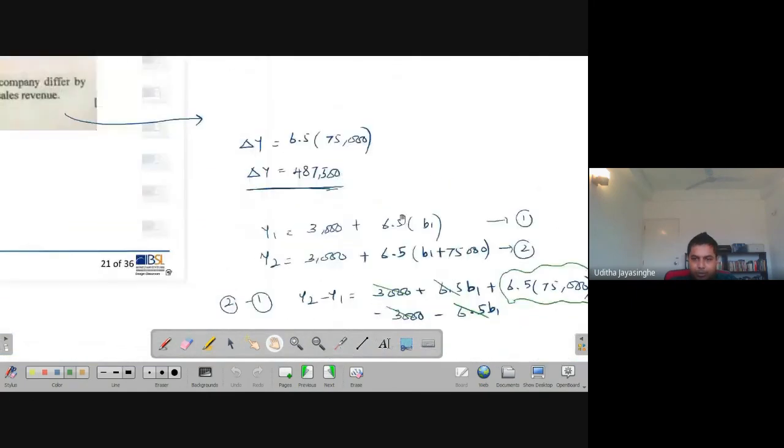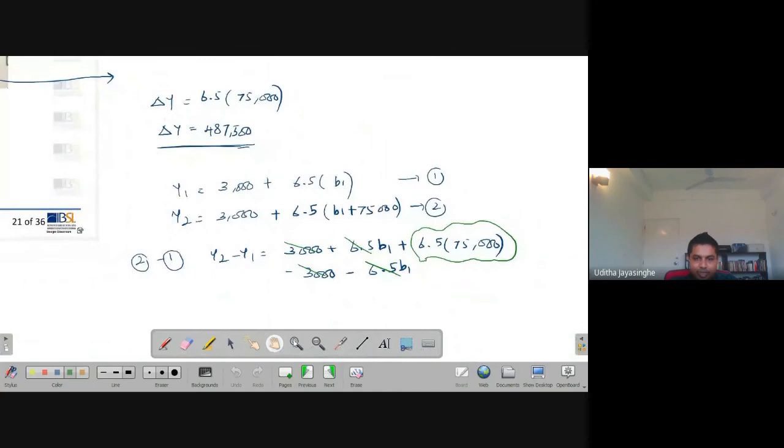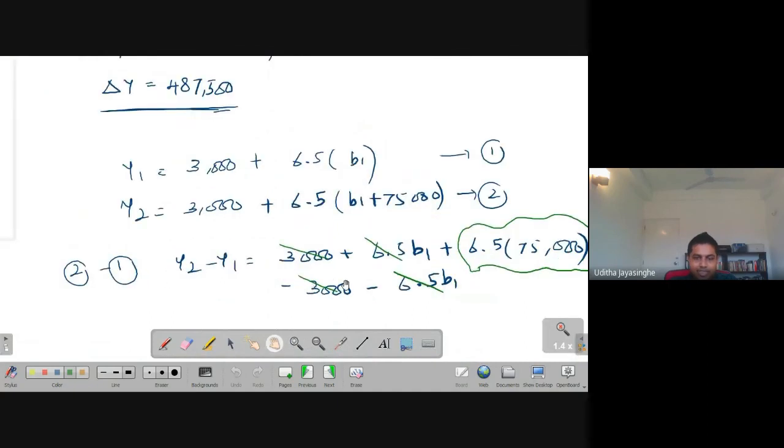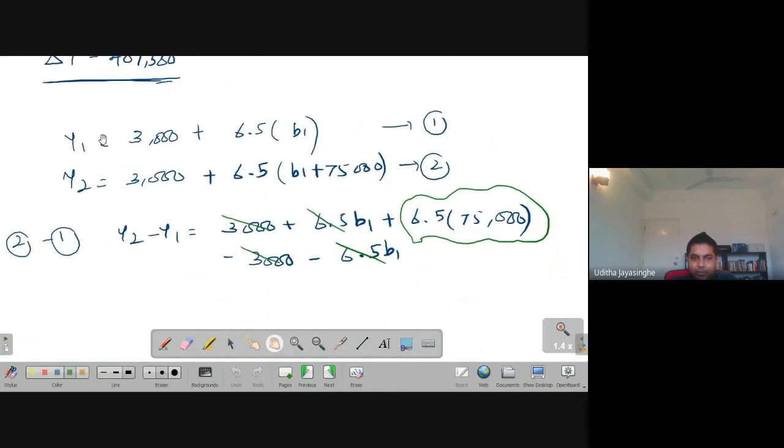But let me show you the expanded one. Why did I use the Y delta directly? If I choose, let's say, my first advertising area, Y is equal to 3,000 plus 6.5 B1. Let's say that is the first budget. The second one is going to be B1 plus 75,000. So this is the delta, the extra part. If I need the difference y2 minus y1, I have to take 2 minus 1.